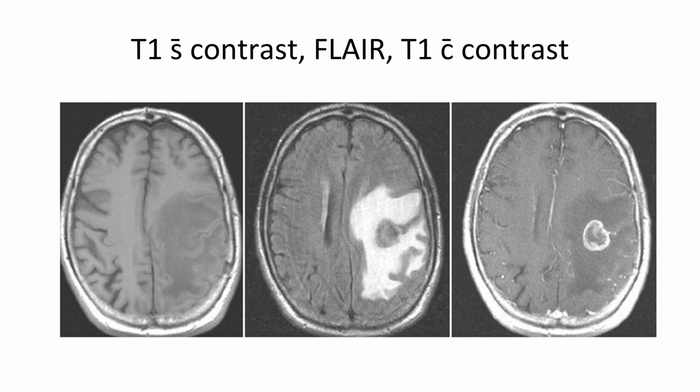And then when we inject contrast, you can see all the little vessels that light up on the T1 image. This is on the right side of your screen. You can see all the little blood vessels lighting up with contrast, and then smack dab in the middle of the white matter in the left hemisphere, you see this enhancing lesion, some sort of tumor that shouldn't be there, and that's what's causing all the edema that you see on the FLAIR image.